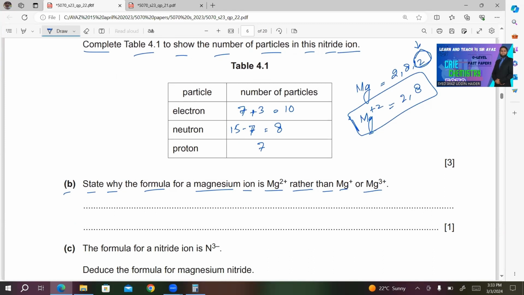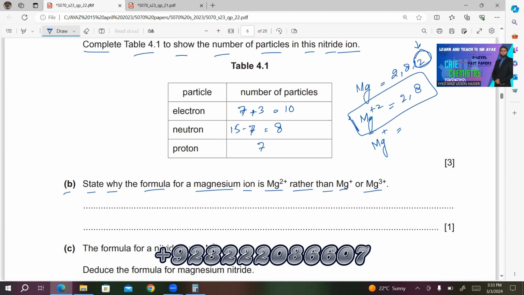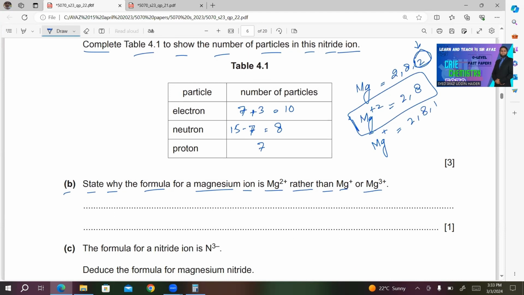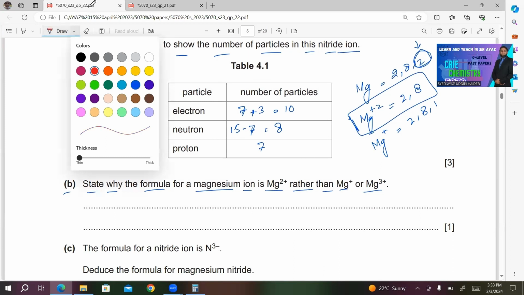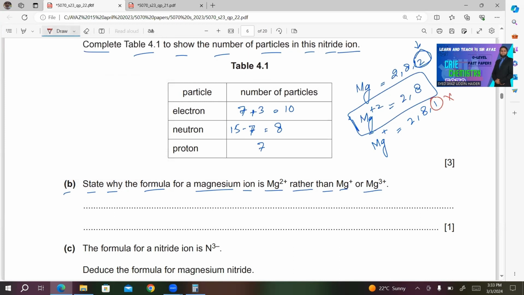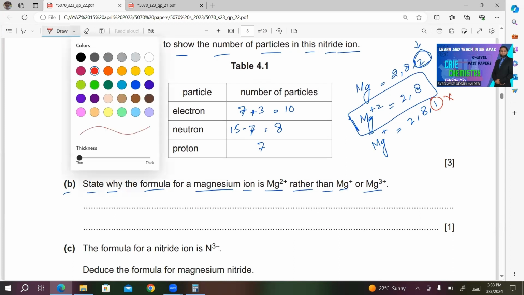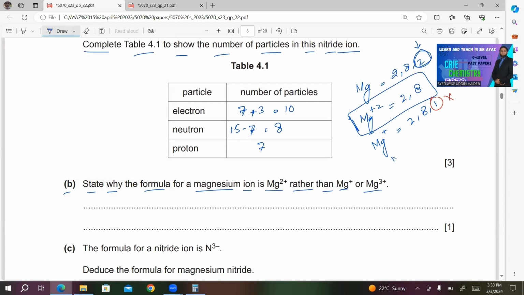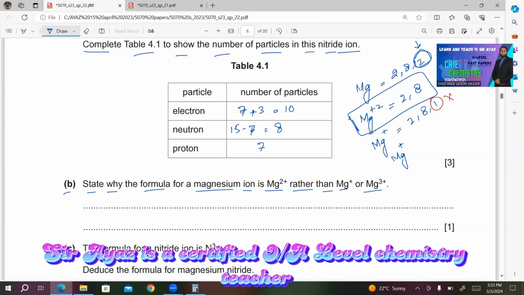Now, what happens if Mg loses 1 electron only? So it will carry Mg plus, and the configuration becomes 2, 8, 1, which must be incorrect, because in this way the valence shell is not complete. Now, next scenario, Mg plus 3. It means it has lost 3 electrons now.